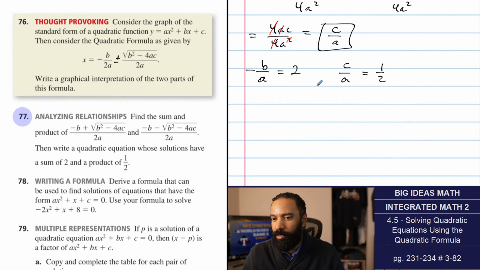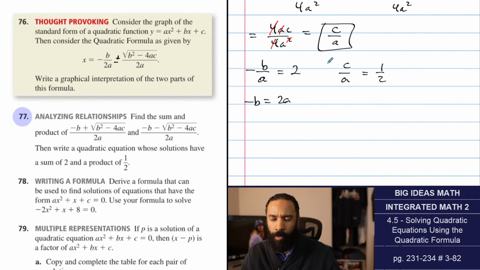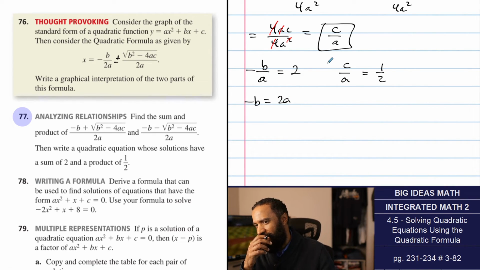I don't know where they want me to go with this. Write a quadratic equation. So if I multiply both sides by a, I'll get negative b equals 2a. Divide both sides by 2. I'm trying to see where I want to go with this in general.